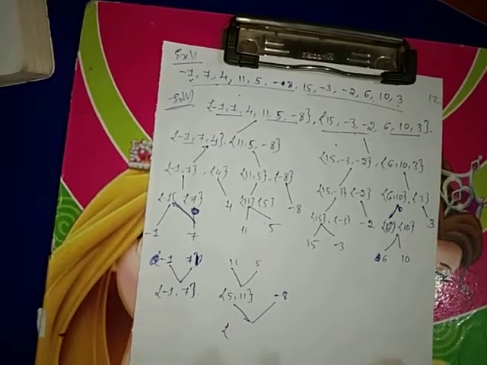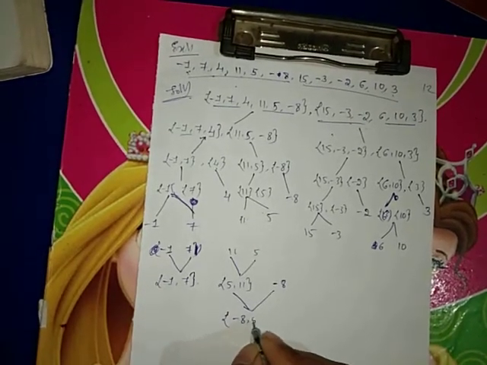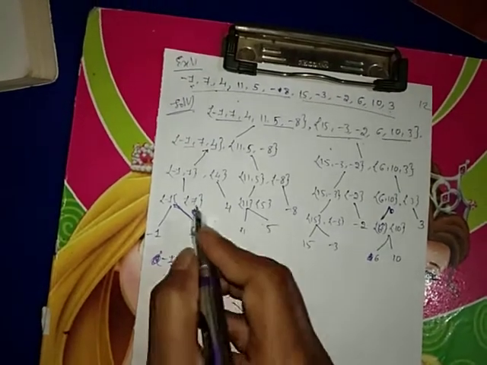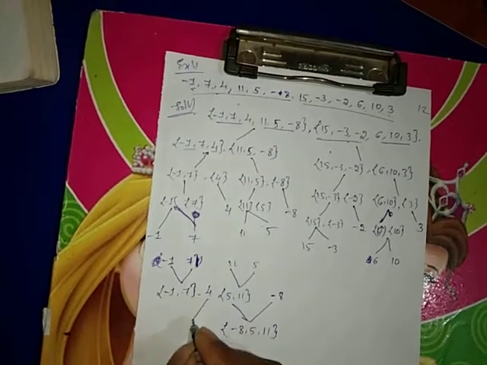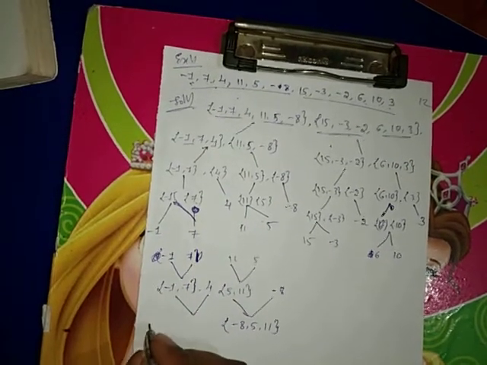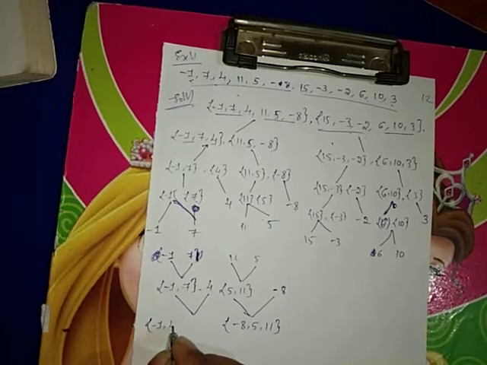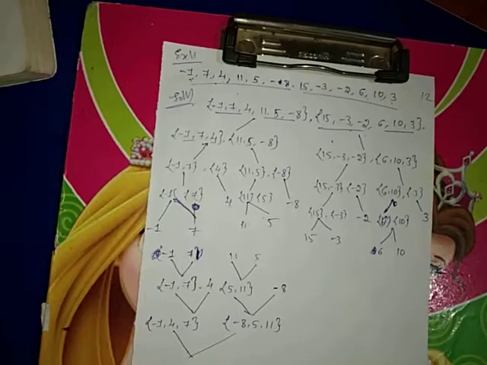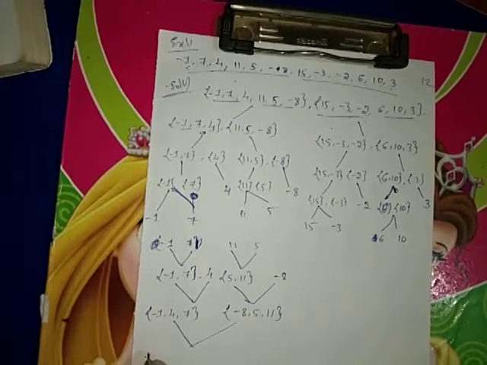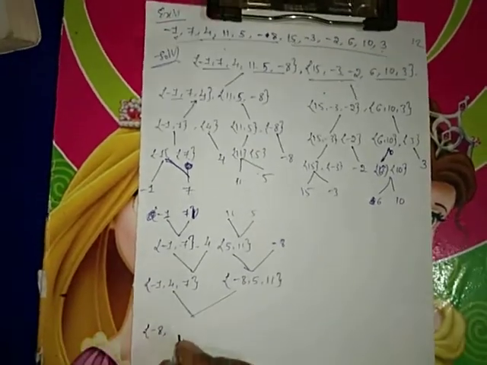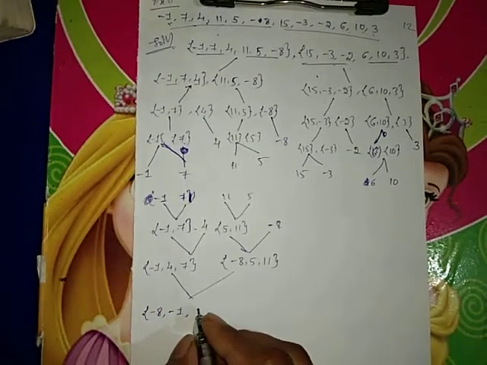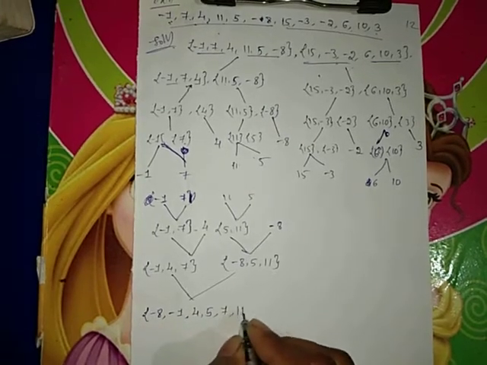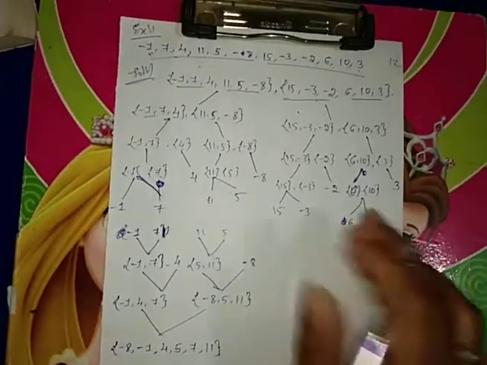In increasing order that means -8, 5, 11. So -1, 7, after that we get a 4. Combine these two. Now in increasing order it becomes -1, 4, 7. Combine these. In increasing order: -8, 4, 5, 7, 11.